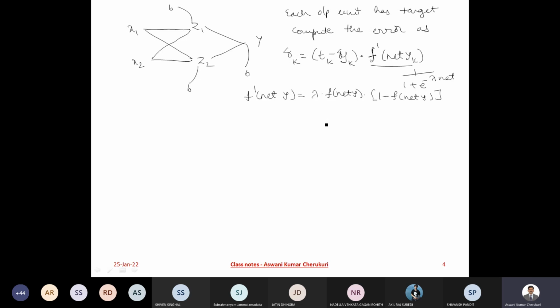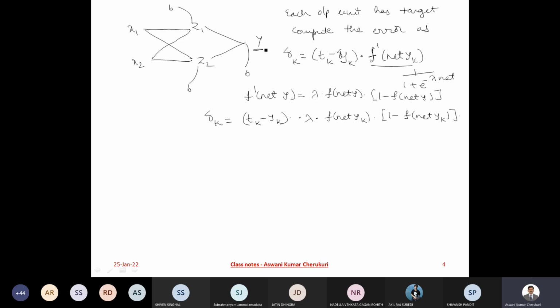So del k is equal to target minus actual, into lambda, into f of net yk, into 1 minus f of net yk. This is how I am going to calculate the error for the node y.